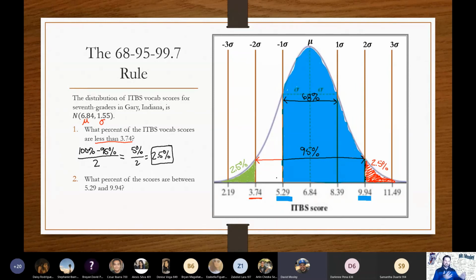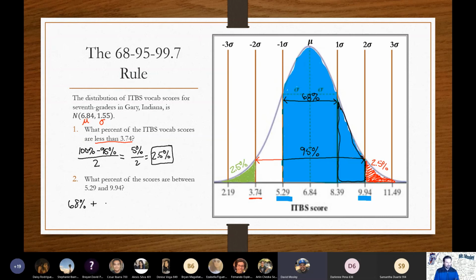So I have to subtract the part that's not included from the total that I'm trying to find. Okay, so I have 68%. I need to add this other section, right? That I need to add this part in to my 68%.